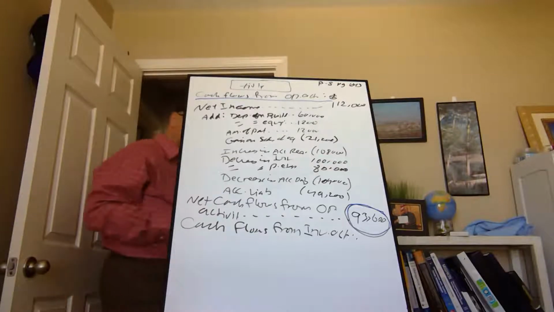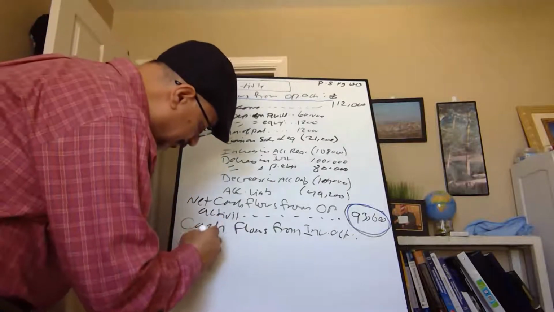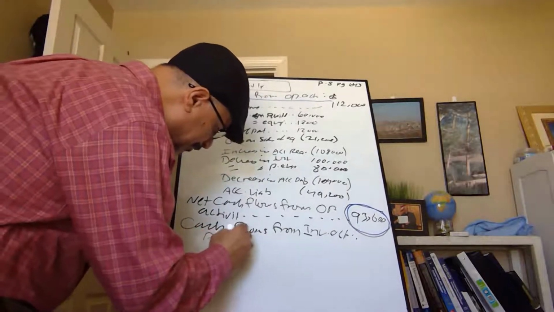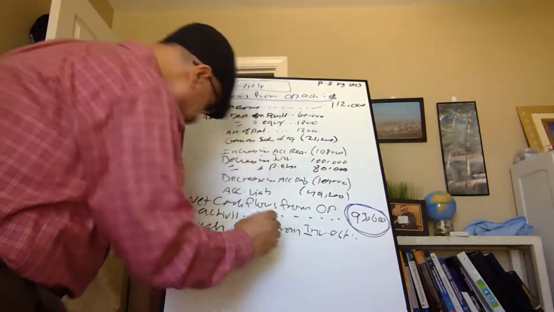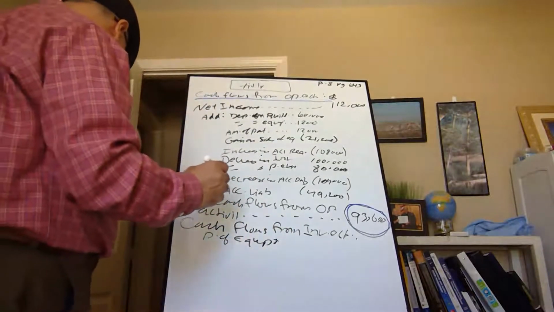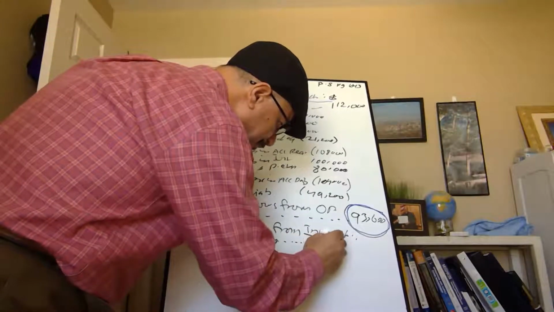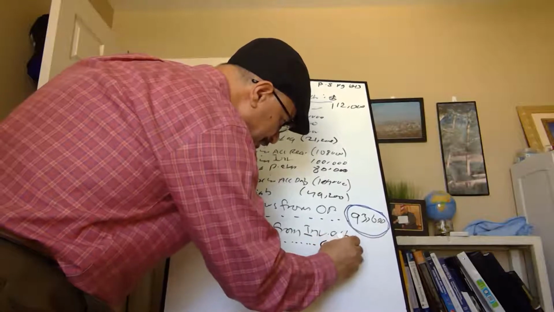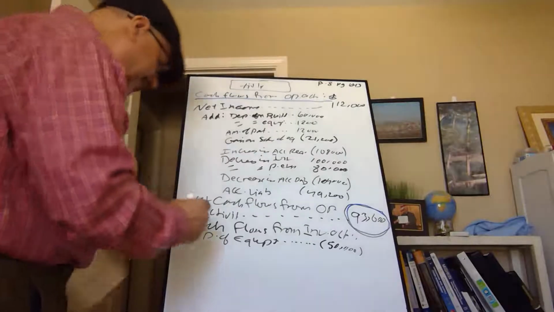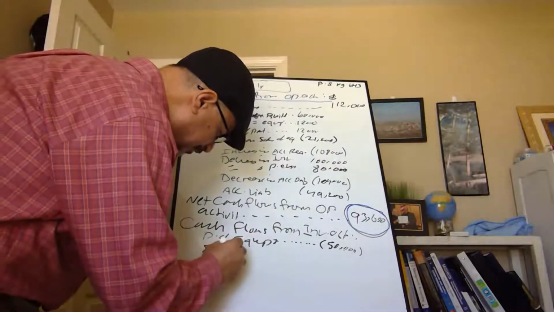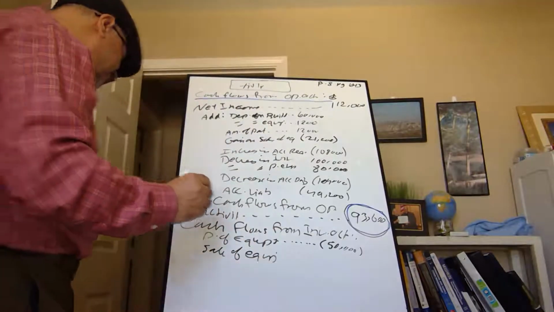So we have purchase of equipment, that is a long-term asset for 50,000. Remember, it's a purchase, negative 50,000. And then we have sale of equipment, 25,200.